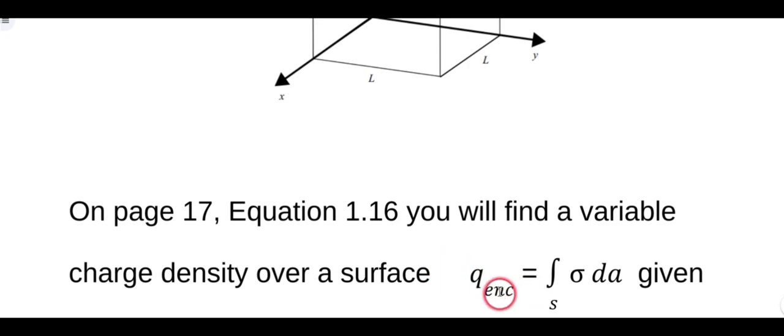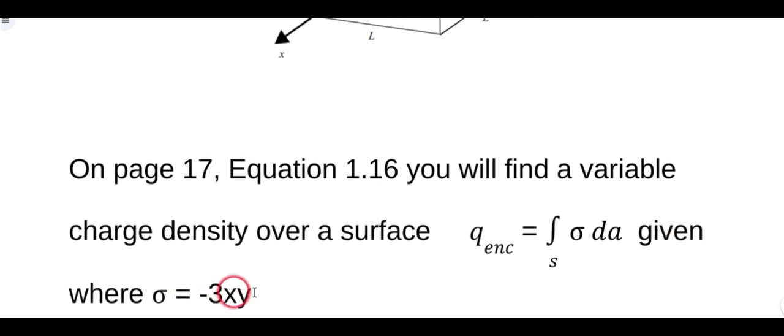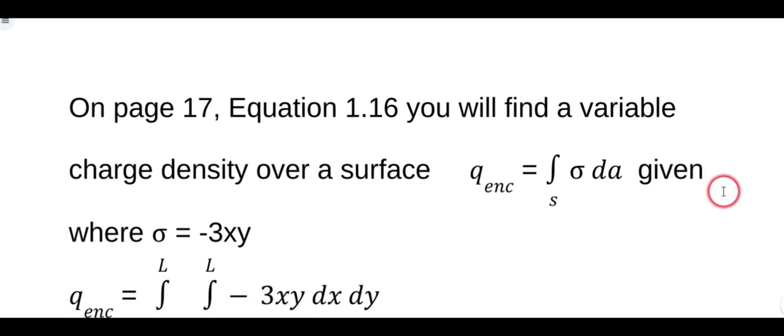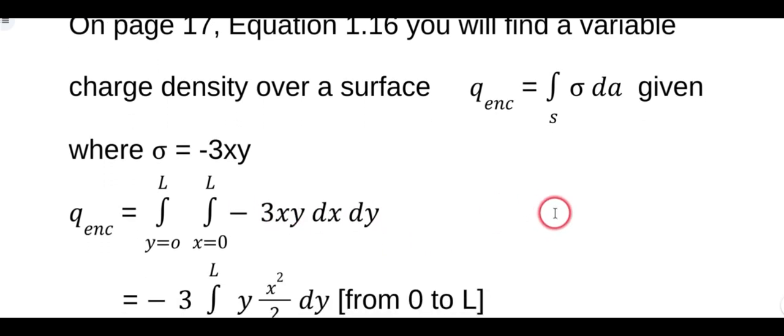The total enclosed charge is equal to the surface integral of the density function times the incremental area dA. He gave us this, so he's just looking for a double integral. So we have the double integral in x and y of minus 3xy dx dy, because that's our area, that's our dA. Here's the function he gave you, and this is our dA.